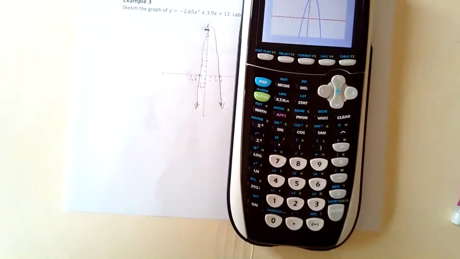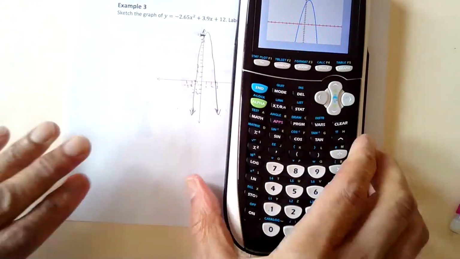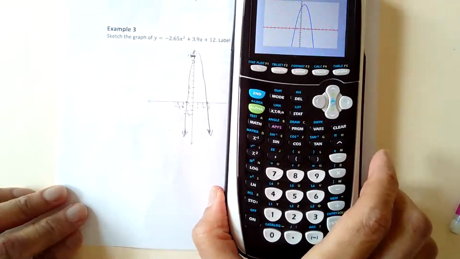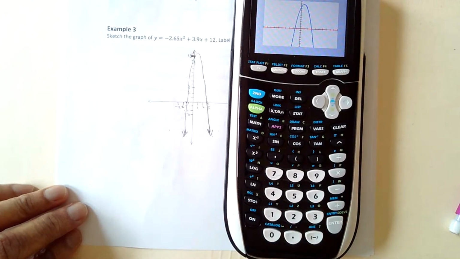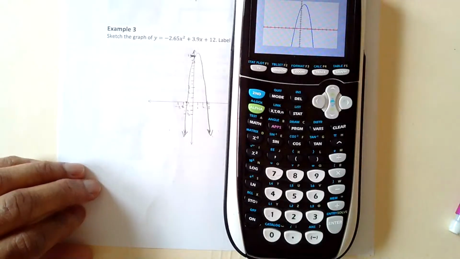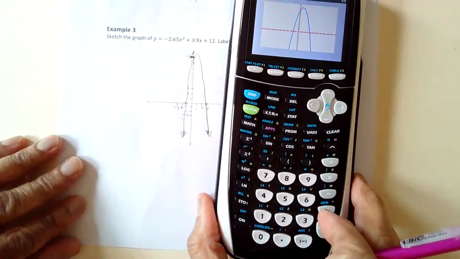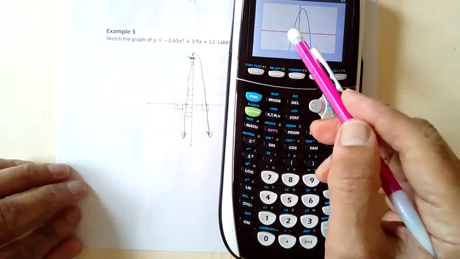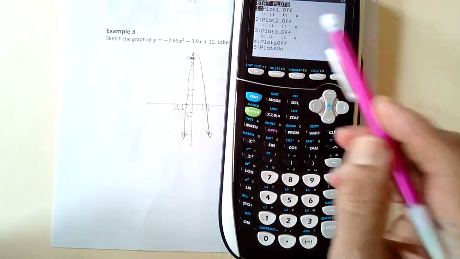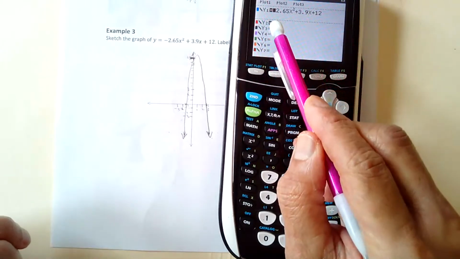So back out. And this will go back to your instruction sheet. Well, you can look at that, but I'm going to go through it now. Now I need to find my x-intercept, so second trace. Now, go back to my y equal button.